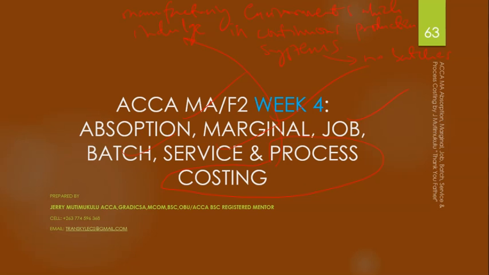That's the issue. All right, but before we go to that, we need to understand in which particular industry this manufacturing system occurs or is applied. All right, typically this is common in industries like the oil refining industry.